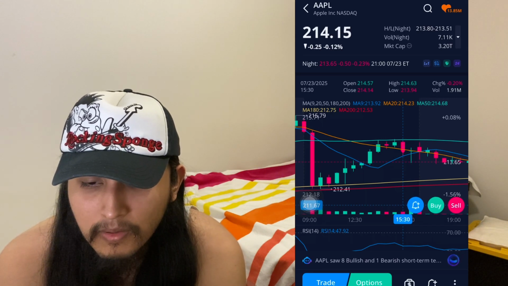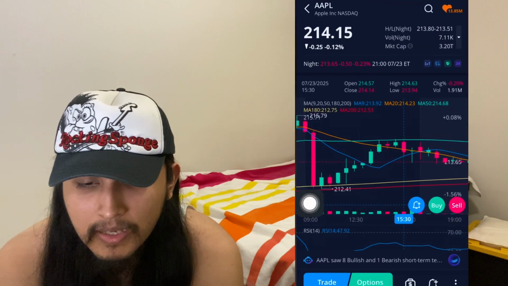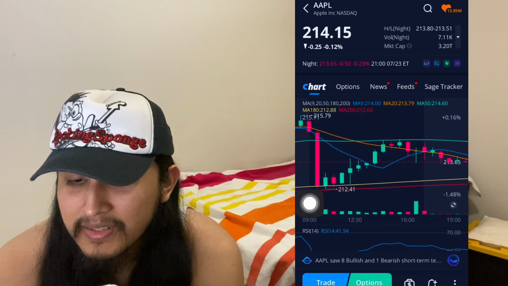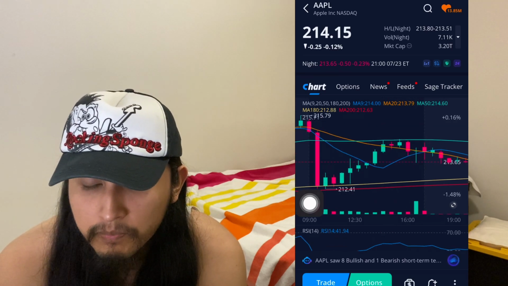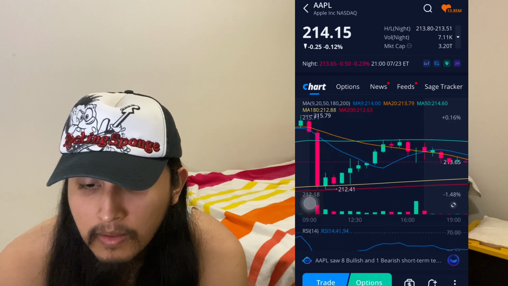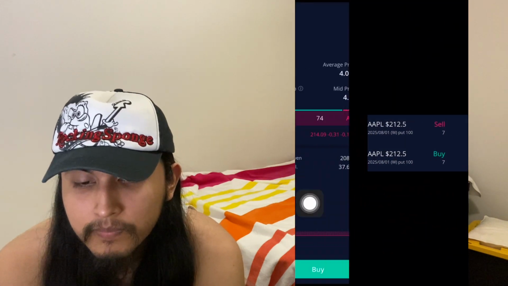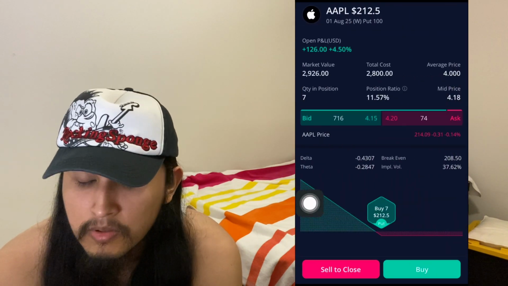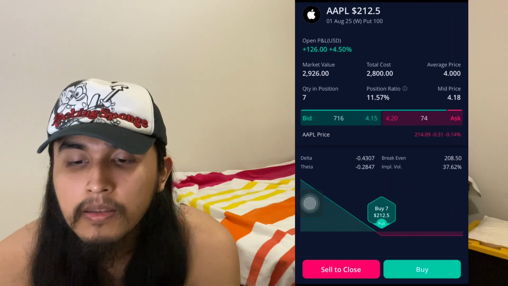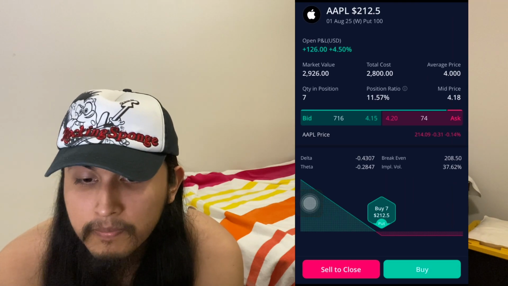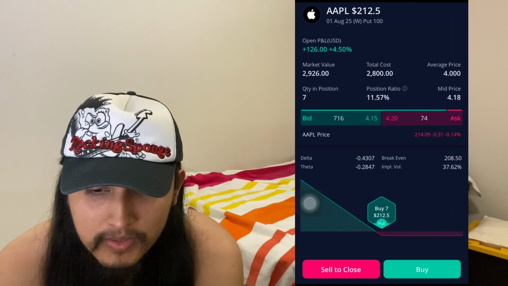So basically all you're trying to do is use the moving averages to decide if you're going to play calls or puts, have your percentage target in your mind, and try to be realistic, whether you're aiming for a 5, 10, 15, or 20% gainer.